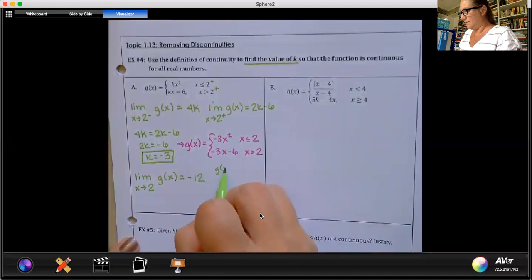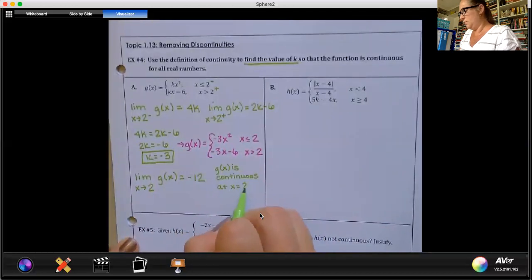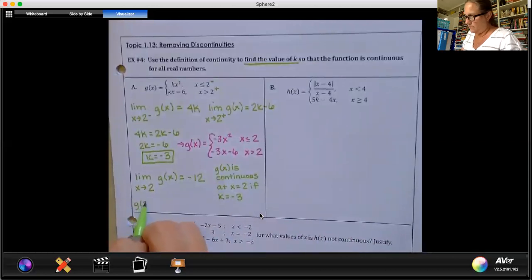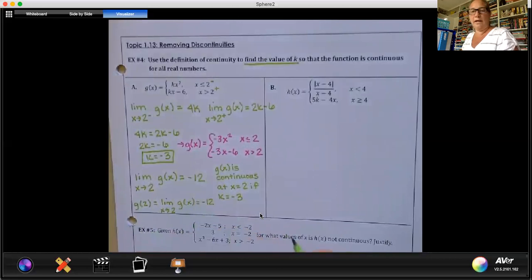So g of x is continuous at x equals 2 if k equals negative 3. G of 2 equals the limit as x approaches 2 of g of x, both of which equal negative 12.